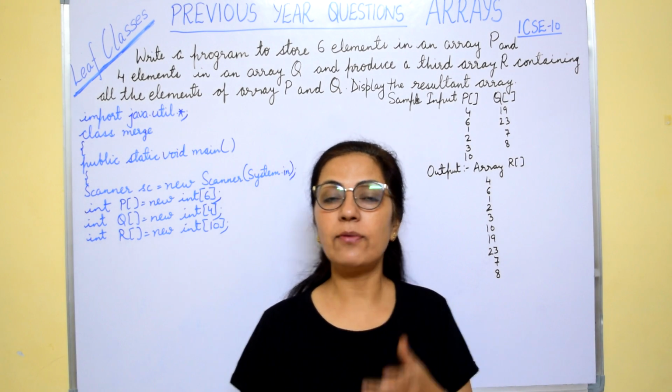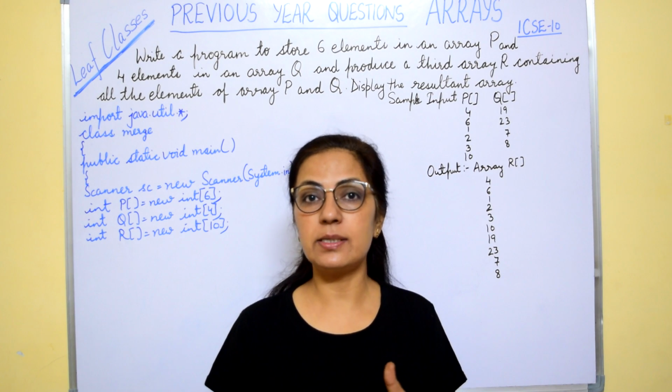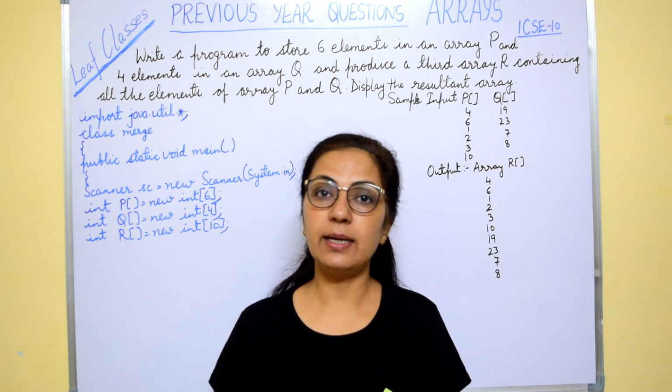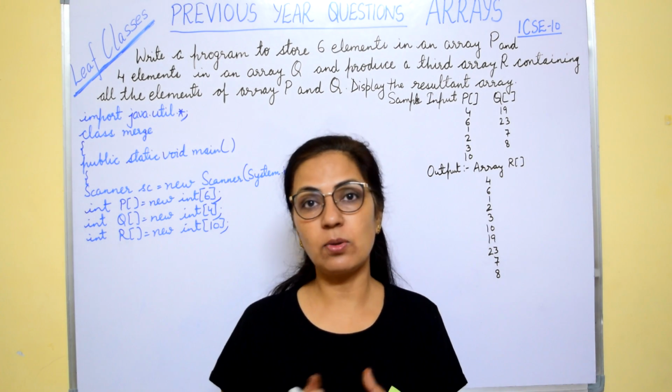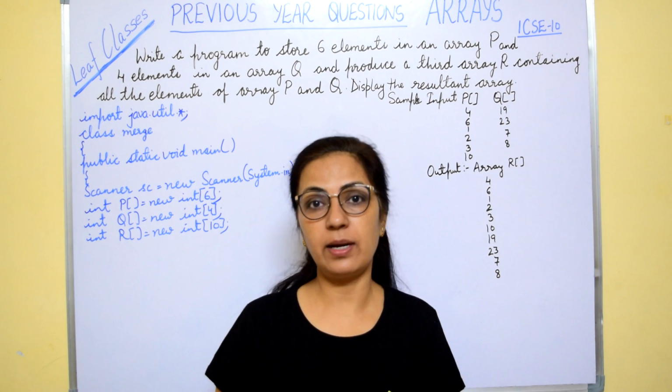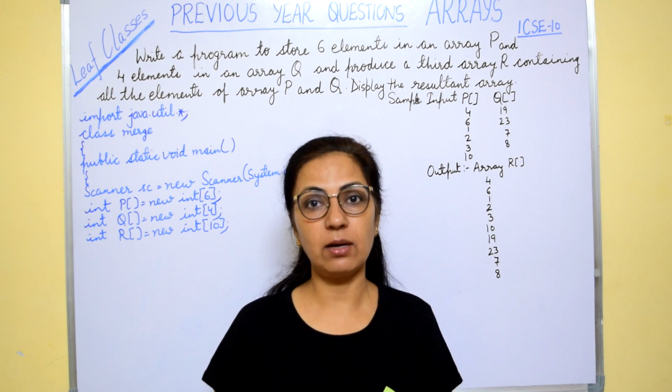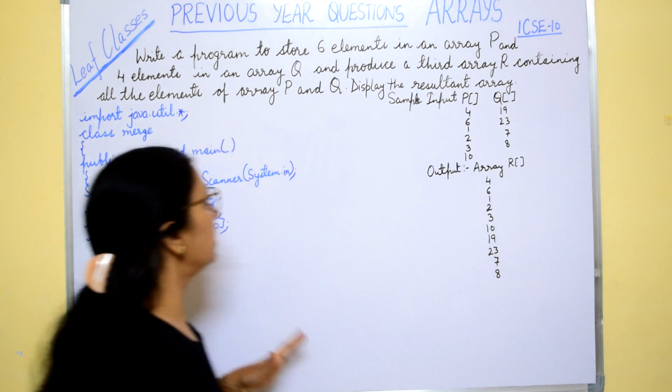So always you have to take care of all these points. Sometimes it is very clearly mentioned in the question, otherwise you can make out from the sample input and the output, which is always given in the question. So let us start with this.